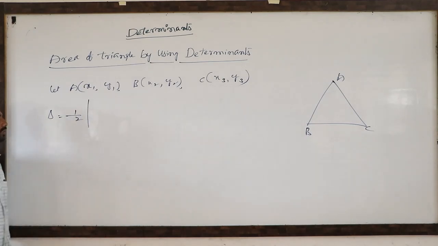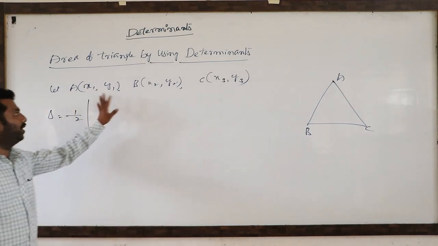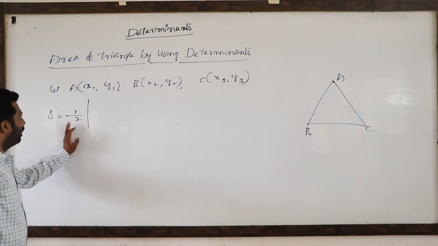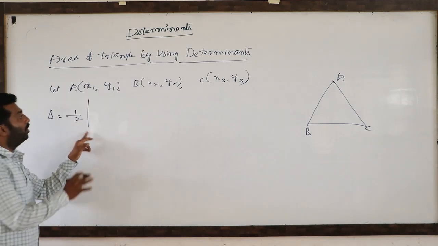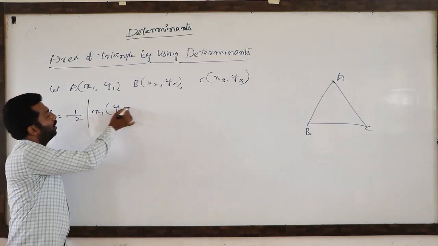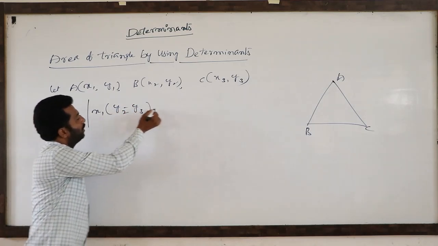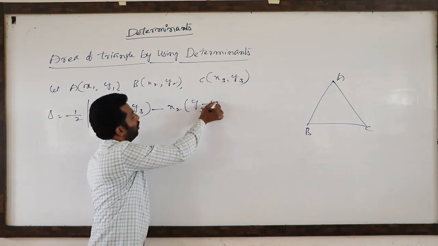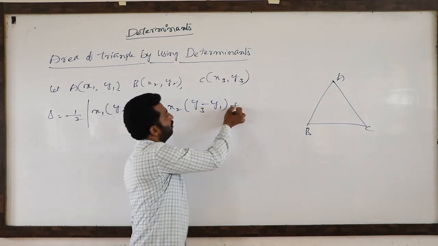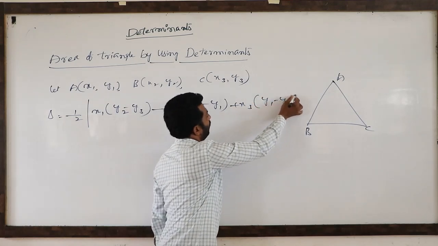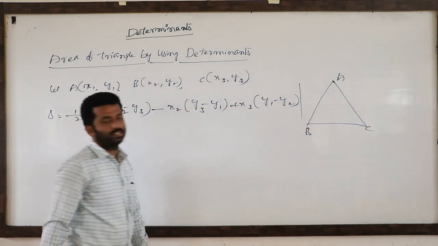Already you learned the area of the triangle whenever three vertices are given in analytical geometry. It is half into modulus of x1 into (y2 minus y3) minus x2 into (y3 minus y1) plus x3 into (y1 minus y2) square units.